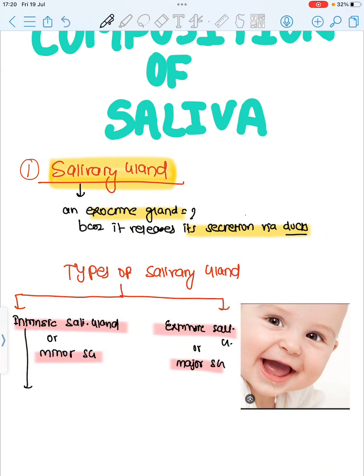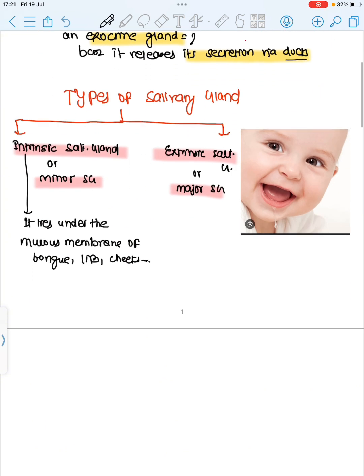Intrinsic salivary gland is called intrinsic because it lies under the mucous membrane of the tongue, lips, cheeks and so on. An example is Ebner's gland.